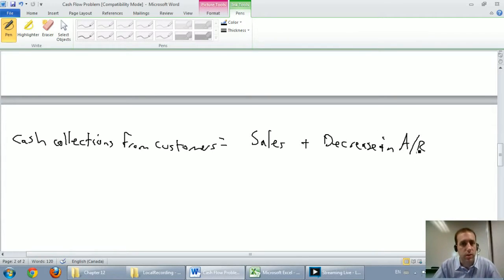Sales plus decrease in AR. A lot of times people say, and let me just put this in brackets, minus increase in AR. Sales is not a problem. People say, okay, I sell more, I get more money from my customers. I sell less, I get less money from my customers. The decrease and increase in AR is a little bit tricky for people to wrap their heads around, at least the first time. But I want you to think about how accounts receivable works.